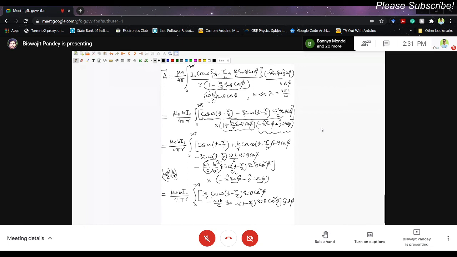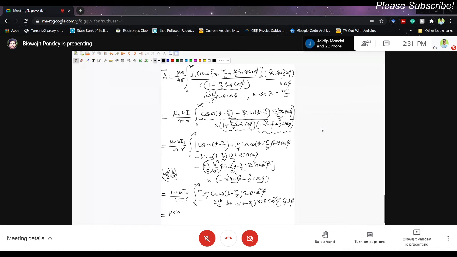Now if you integrate over 0 to 2 pi, this cos square phi will give you pi. The limit is 0 to 2 pi. So if you integrate, the upper limit by 2, that is pi, right? Cos square phi will give you pi, and this will also give you pi. So let us write this equal to mu 0 b, where is b?